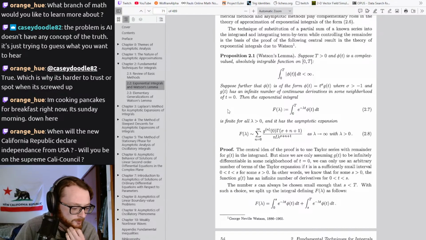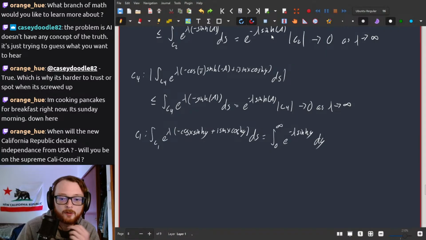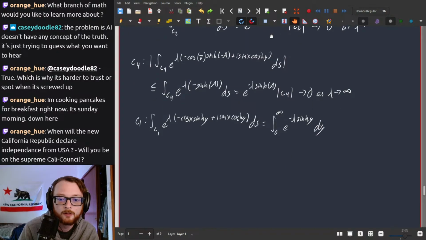Ooh, do I have a trick though? Yes, I think I might have a trick. So Watson's lemma wants us to have a function in front here that's integrable, but there's no function there.